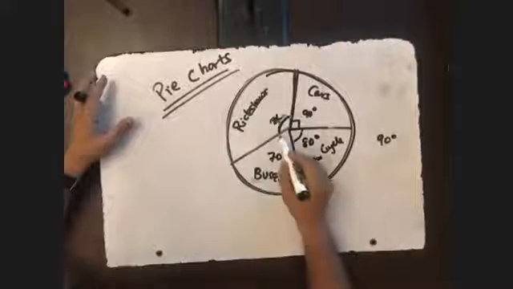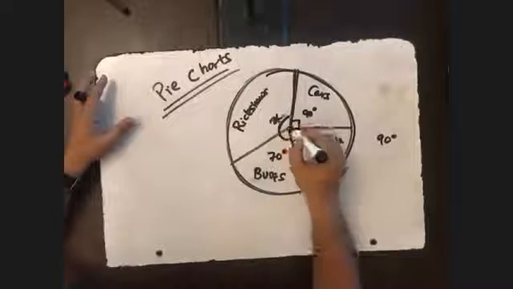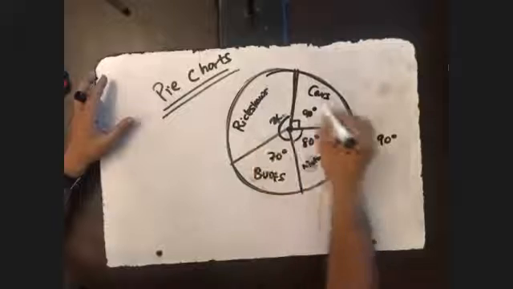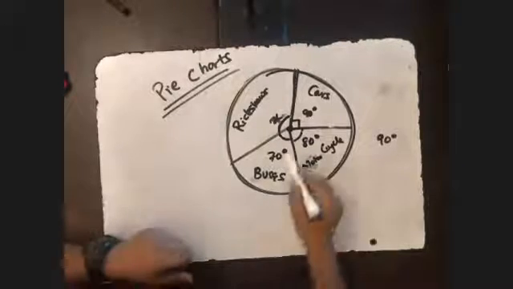So all my students know that around the point that sum of the total angles are equal to 360 degrees. Sum of total angles are 360 degrees.